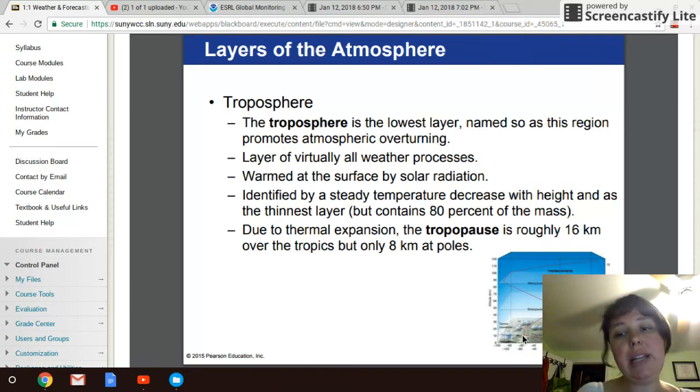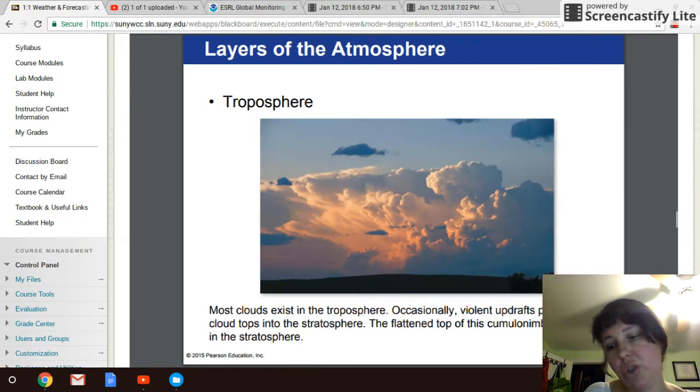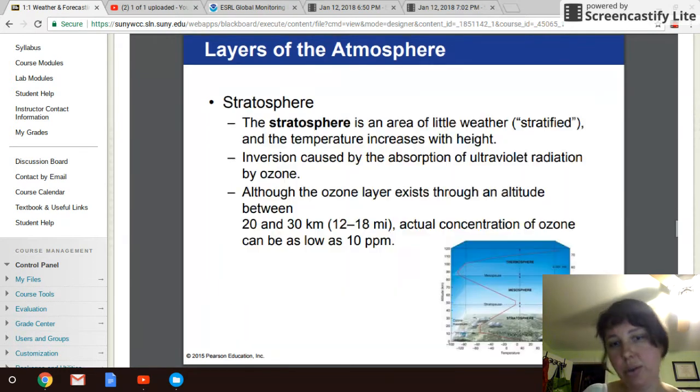And that means that it's very good at absorbing heat energy from things like sunlight and Earth's surface. And that layer actually increases in temperature as I increase in altitude. So I start to go up, and that layer is known as the stratosphere. So troposphere, stratosphere.